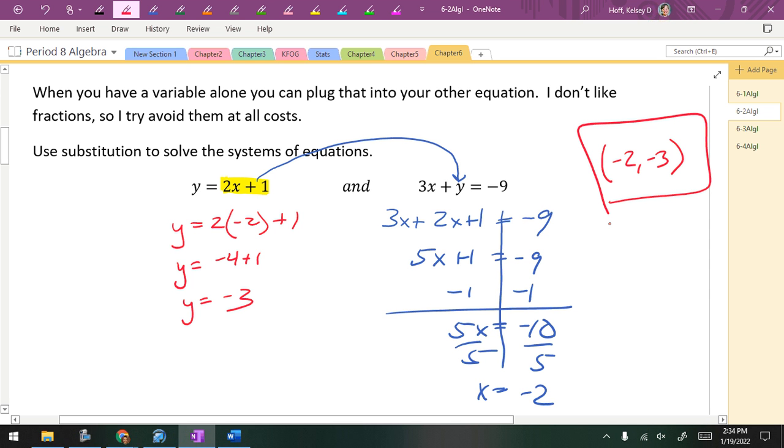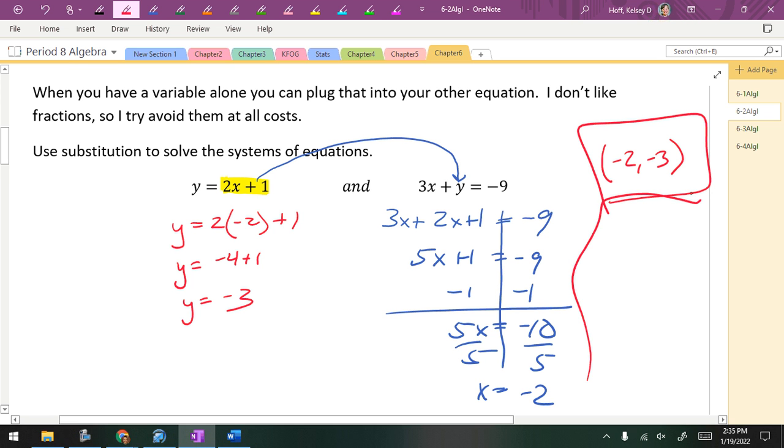Secret. You want a secret? You can check every single one of these problems to make sure you don't get them wrong. Do I think you're going to do that on your homework? Probably not, because you have a check key, right? Do I think it's an easy way for you to check your homework on a test? What do I have to do? Plug it back in. If I plug negative 2 for x into this equation, y should give me negative 3. We know it does here because we just did that.